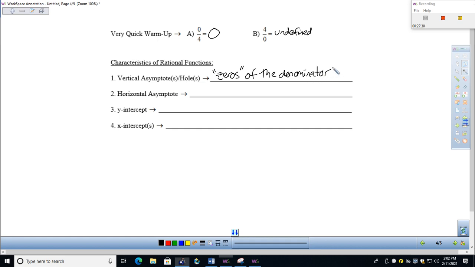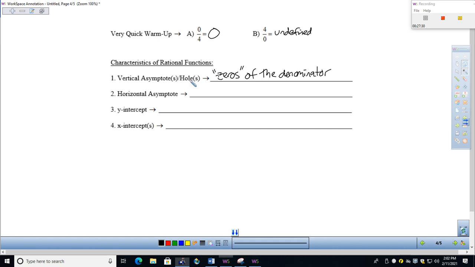Now we can distinguish between a vertical asymptote and a hole based on those numbers coming from the factors and comparing them to the factors in the numerator. But essentially, where the function is undefined occurs when I would get 0 in the denominator, and that would show up as either a vertical asymptote or a hole.